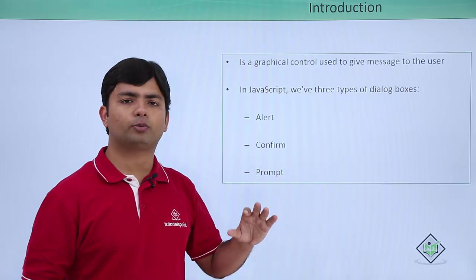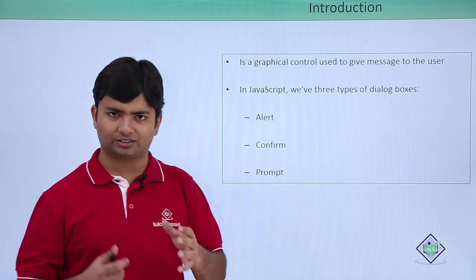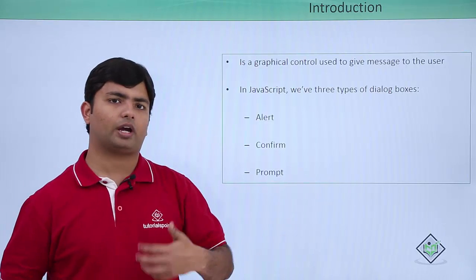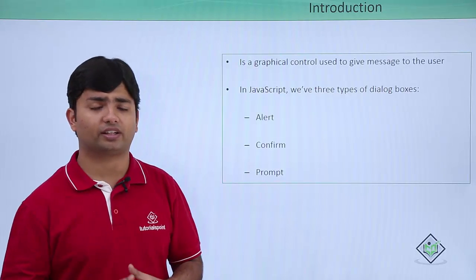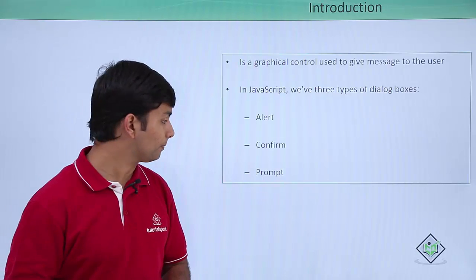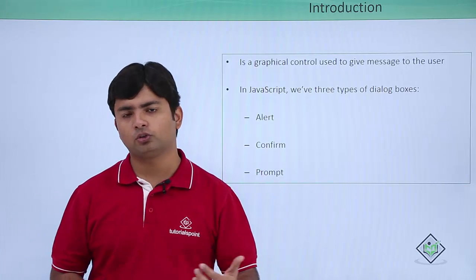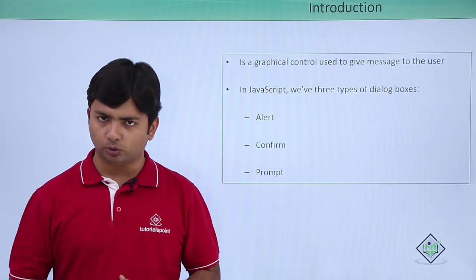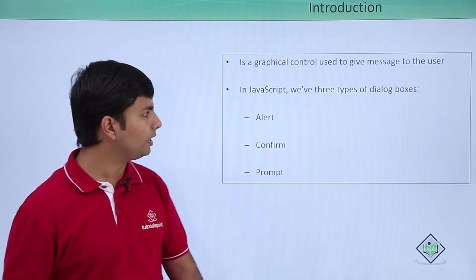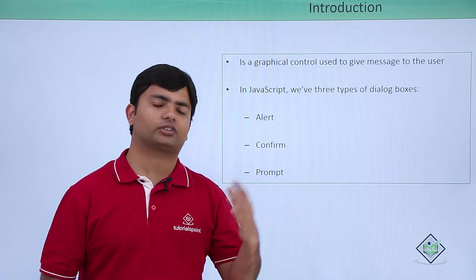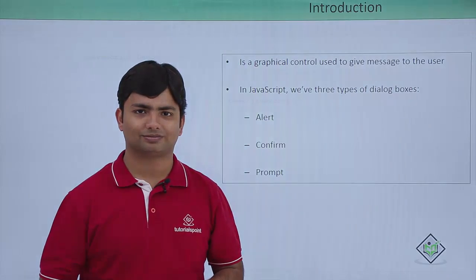The confirm box has a couple of buttons, OK and Cancel, so accordingly the user will choose whether he wants to continue or cancel that particular operation. And the prompt box is used to take the input from the user.